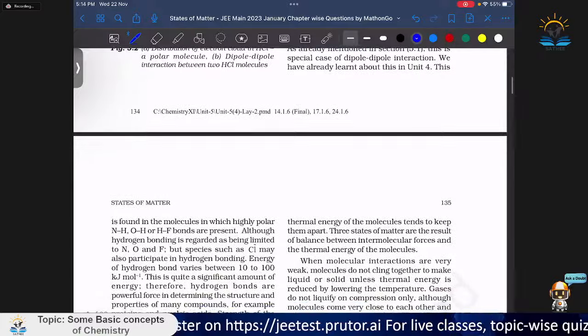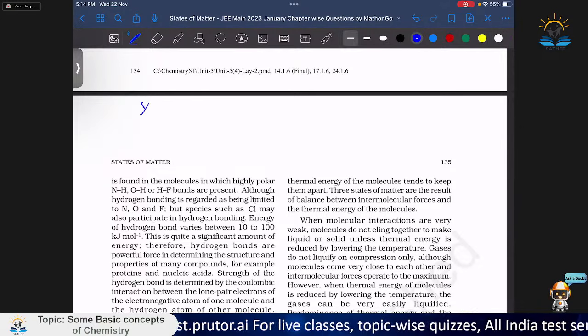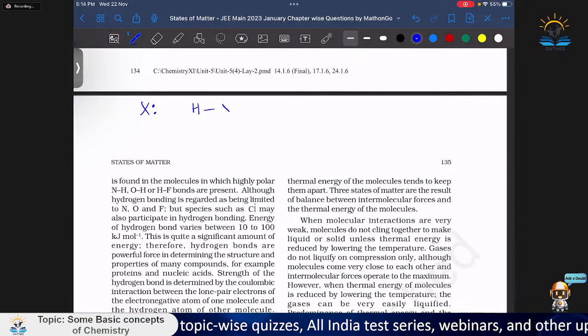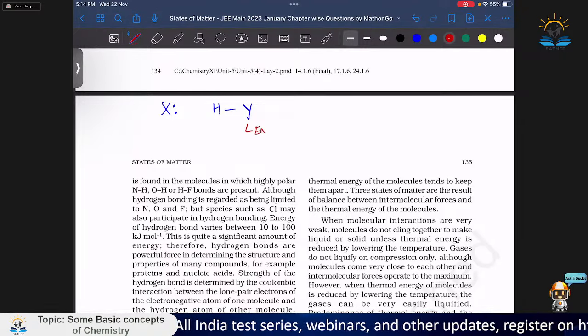Then we move on to hydrogen bond. So hydrogen bond is basically between an X atom with a lone pair and a hydrogen atom which is attached to a Y atom. Now this Y atom's electronegativity is very high.